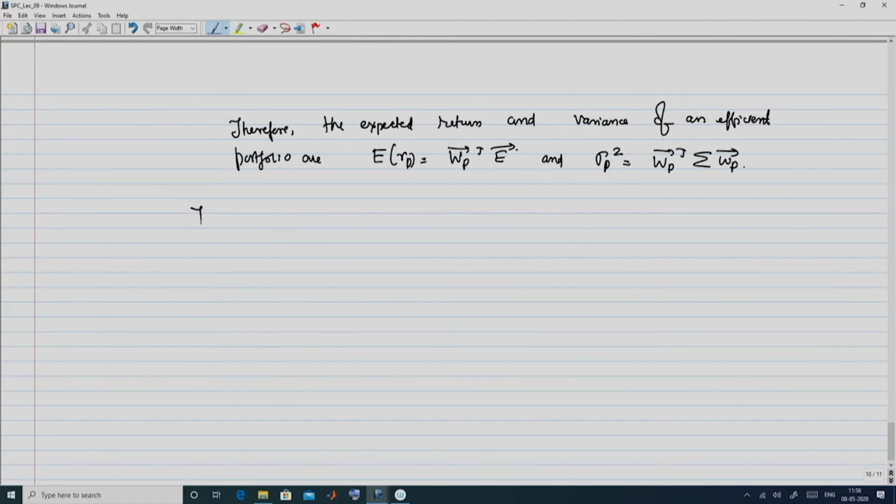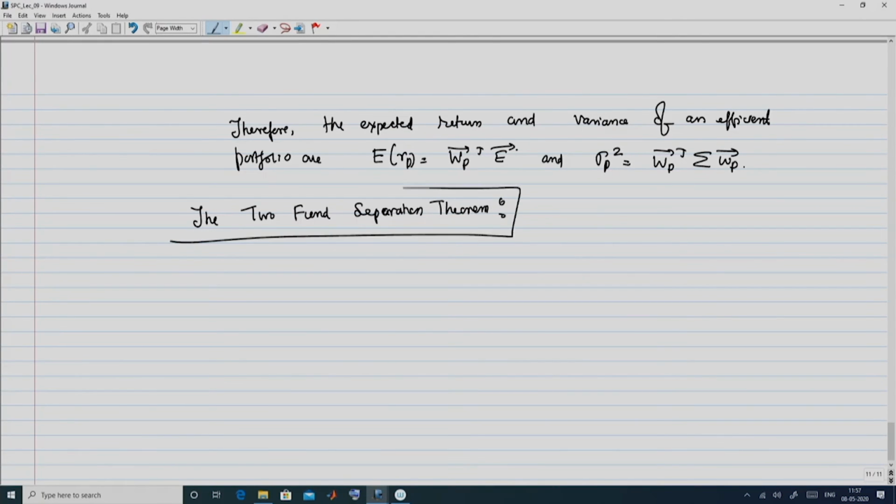Okay. So, this brings us to the last theorem, which is known as the two fund separation theorem, which is basically a direct application of the efficient frontier.